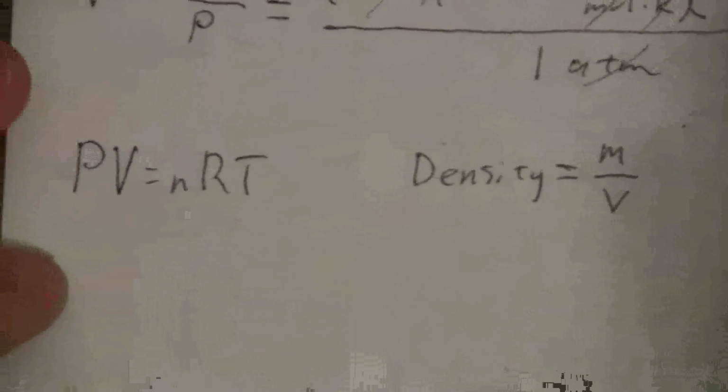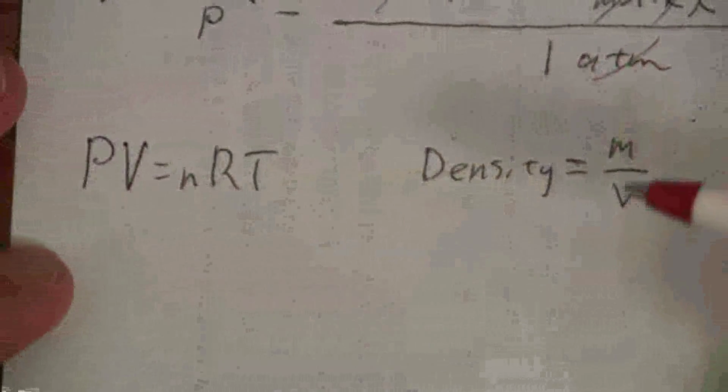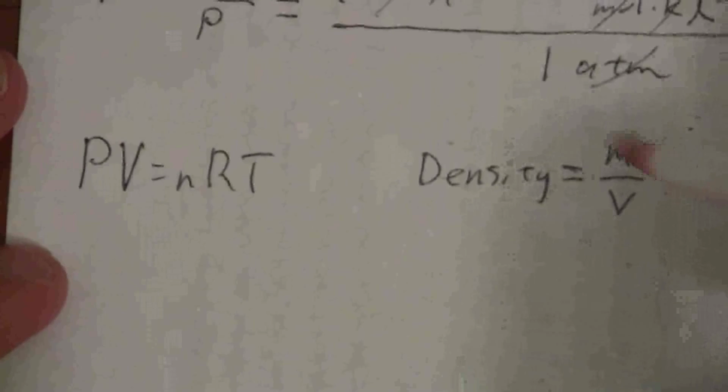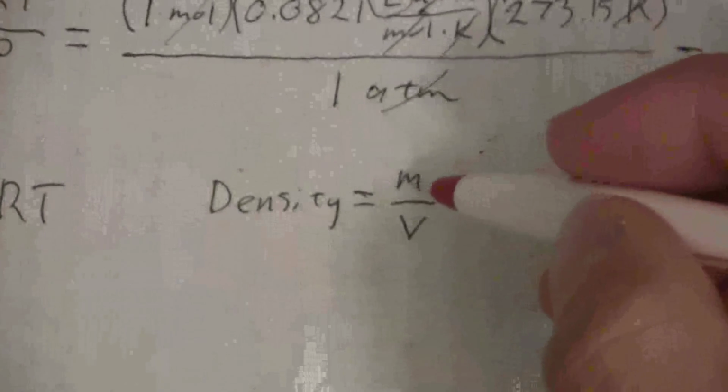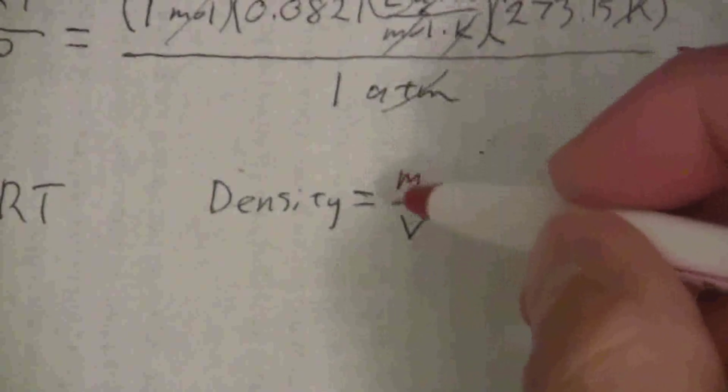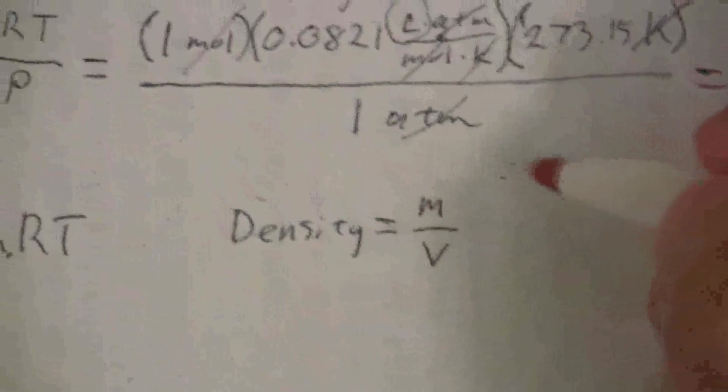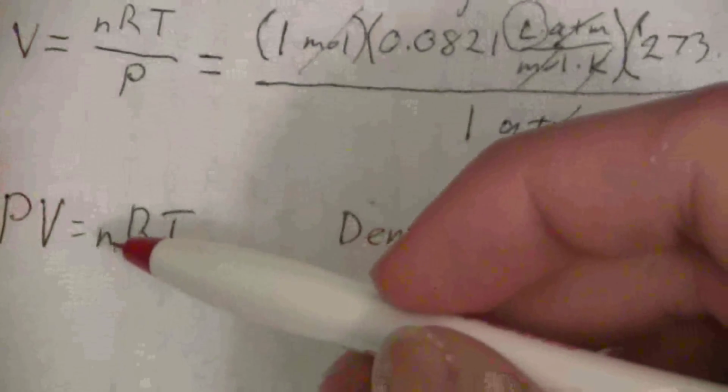So here's volume. Do we have mass anywhere? We don't have mass directly, but we have moles. So how can I express mass in terms of moles?